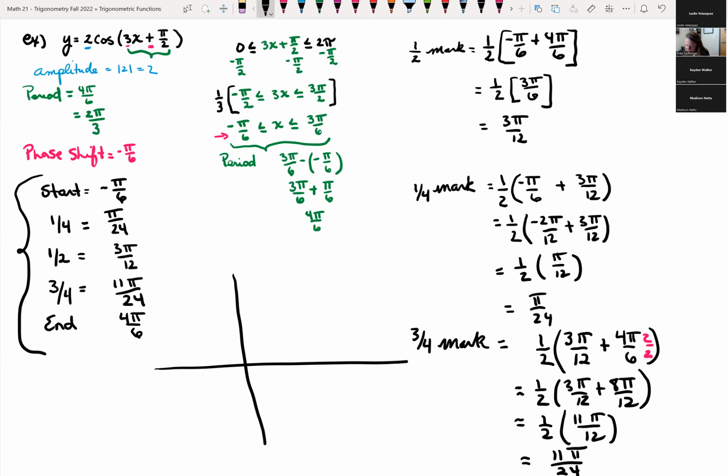We have negative pi over 6, we have pi over 24, we have 3 pi over 12, 11 pi over 24, and 4 pi over 6.